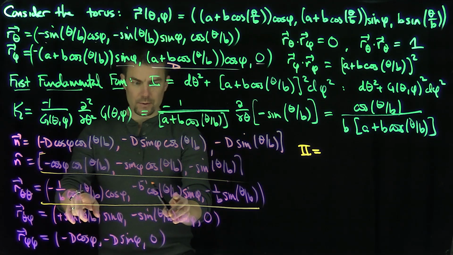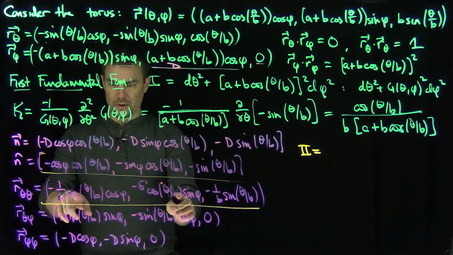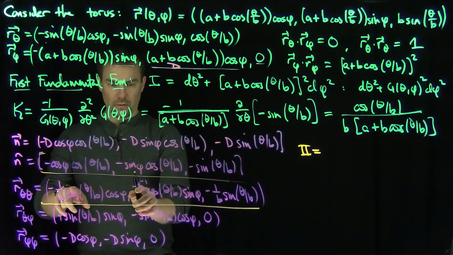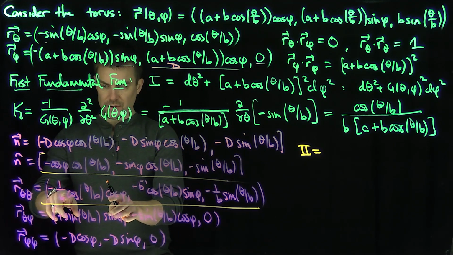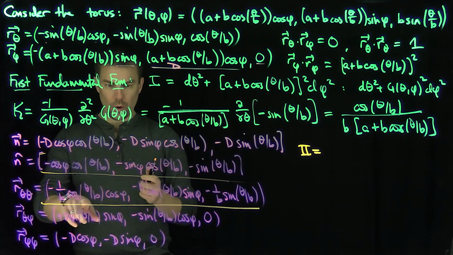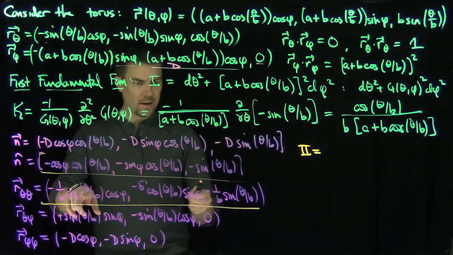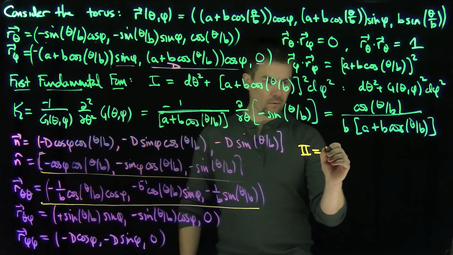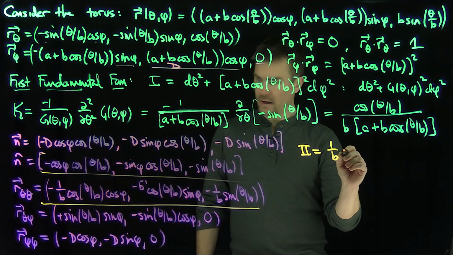If I add those things squared together, I'll get a sine squared 1 over b plus cosine squared phi 1 over b, right? So that's going to be a 1 over b times this expression over here. So that's just getting 1 over b, right? So it's going to end up 1 over b d theta squared.